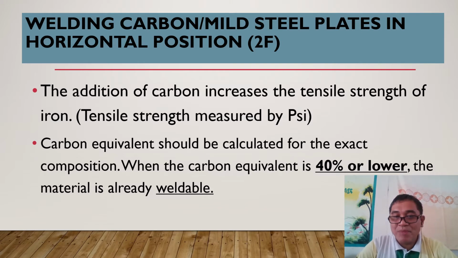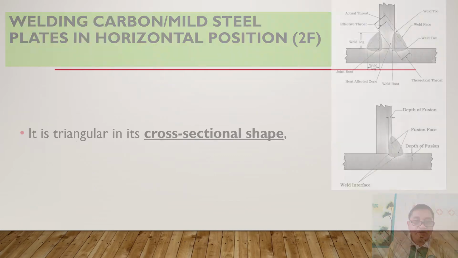PSI means pounds per square inch, the pressure that the material could resist. Carbon equivalent should be calculated for the exact composition. If the carbon equivalent is 40% or lower, the material is already weldable. So below 40%, you can already weld the carbon steel.